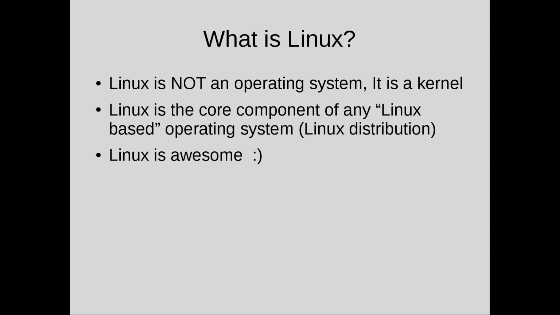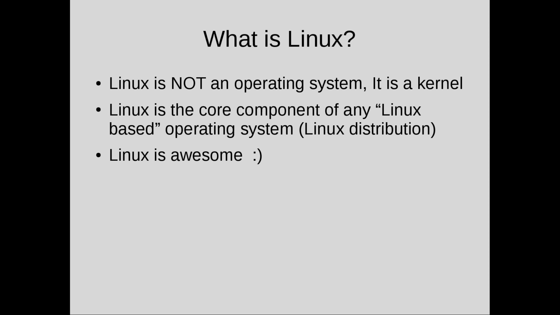Linux is a core component of an operating system, much in the way Windows has System 32 or Kernel 32, which is the kernel in Windows. Linux-based distributions have Linux. Linux is a core component of any Linux-based operating system or Linux distribution, as they tend to be called. And of course, Linux is awesome because it's awesome. We'll get into why later.